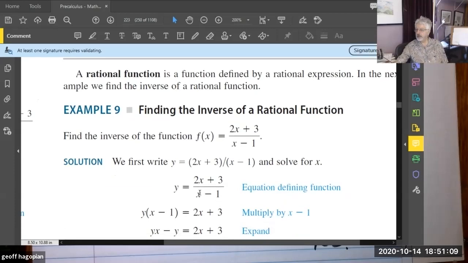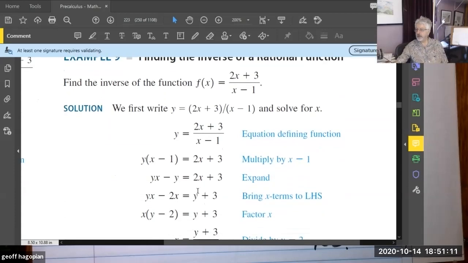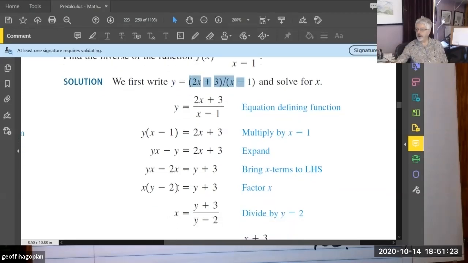So some rational functions are invertible. So here's an example of one that is, and you can see there's a fair amount of algebra here, right? So here's the function definition. You write that as an equation involving the variable y in terms of the variable x. And then you solve for x in terms of y.